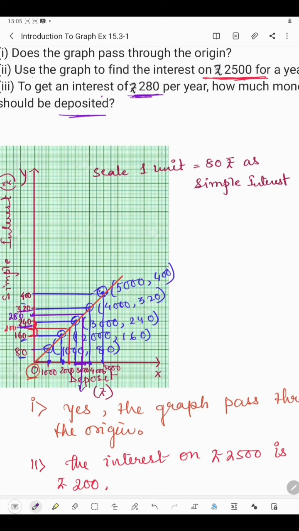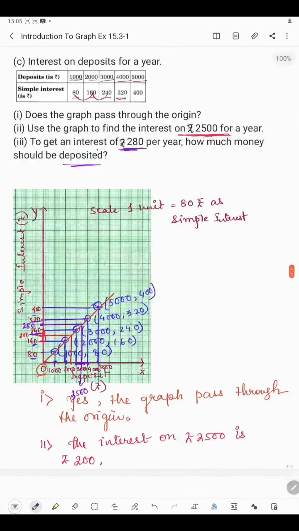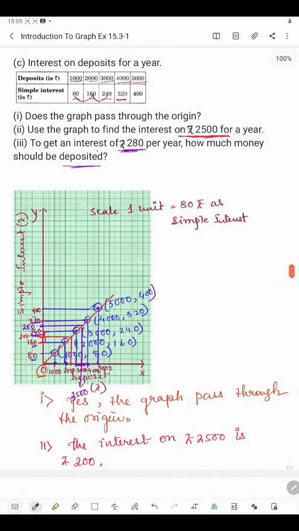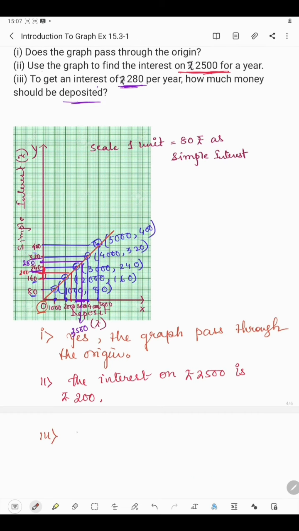So half of this: here 1 unit we have considered as 1000 and half of 1000 is 500. So this will be 3500. So the amount that should be deposited will be 3500 if you want to get the interest of rupees 280. Okay. Right.